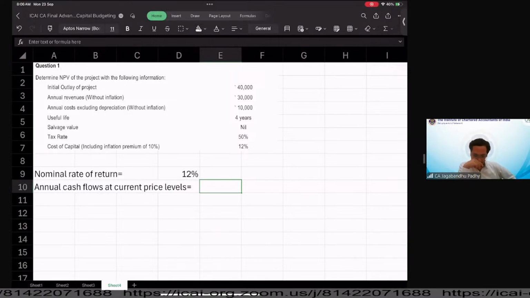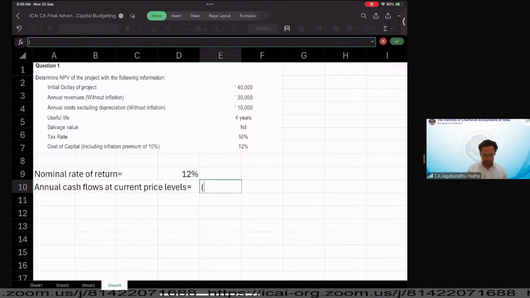So every year, what will be the cash flows at current price levels? Can we calculate it? Yeah, it's pretty simple.